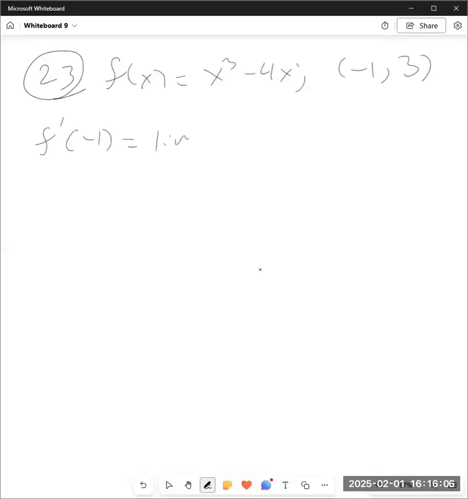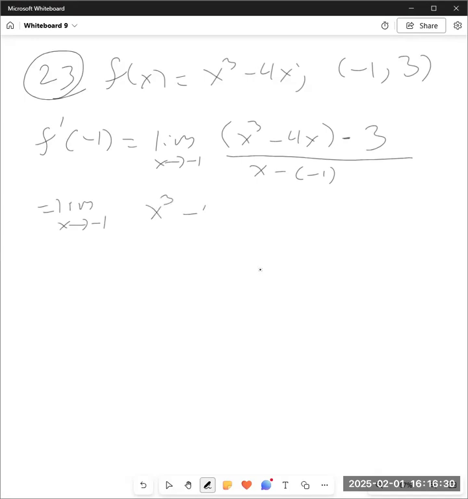It's going to be the limit as x approaches -1 of x cubed minus 4x minus 3 over x minus a -1. So that gives us the limit as x approaches -1 of x cubed minus 4x minus 3 over x plus 1.